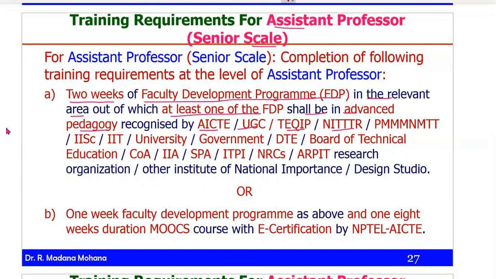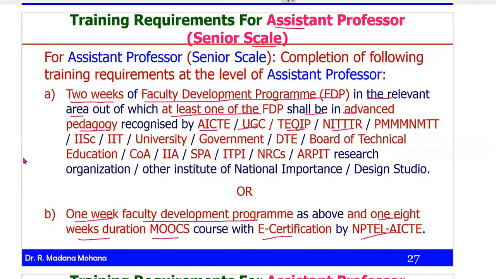One should be in advanced pedagogy. Or, if the first condition is not satisfied, the second condition: 1 week faculty development program as above, recognized by the above regulatory bodies, and another one, an 8 weeks duration MOOCs course through NPTEL AICTE.